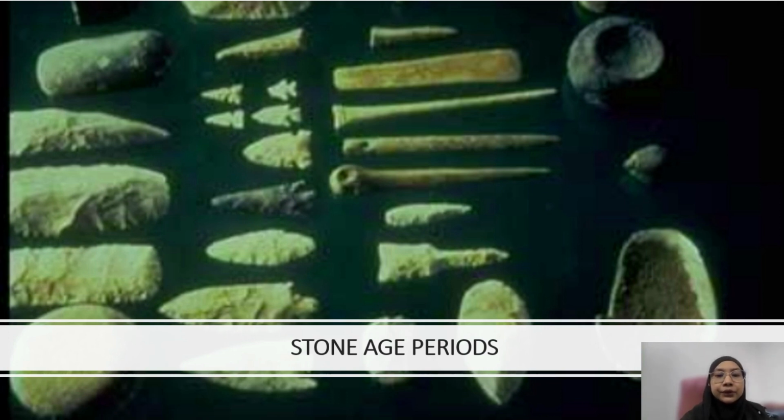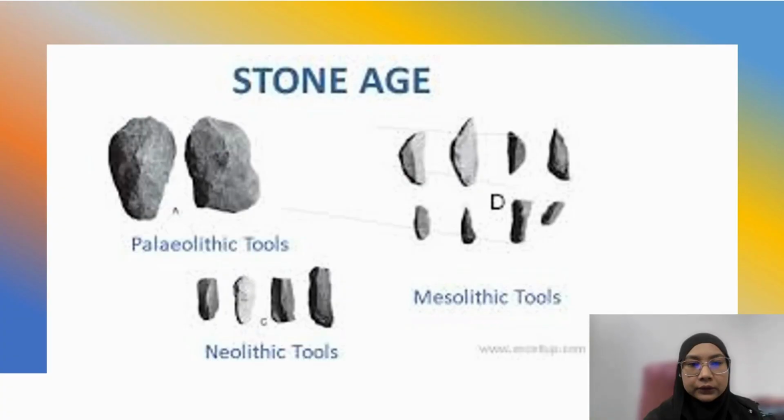When they shift to the new era, the Neolithic, Mesolithic, and then modern, they start to do some innovations. For example, from the big stone, they use a small stone. They try to carve the stone into a shape so that it has its own function, for example as a spear for hunting animals.